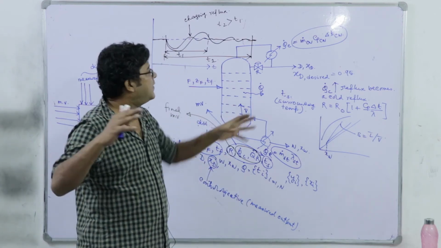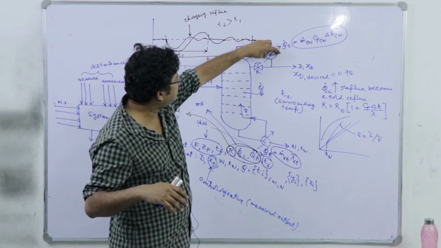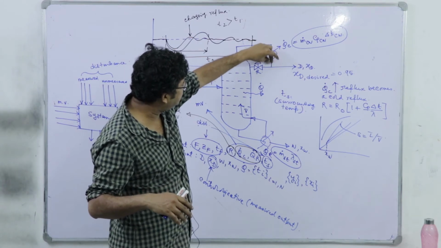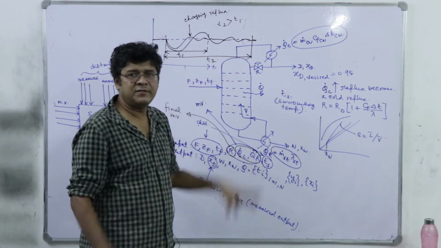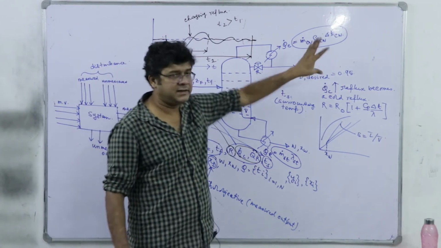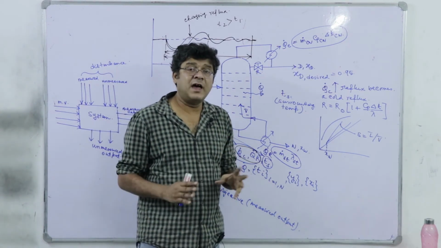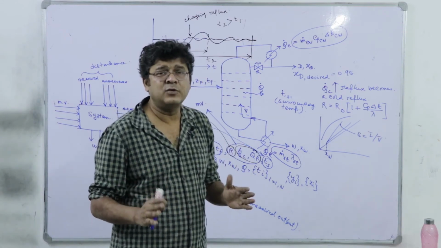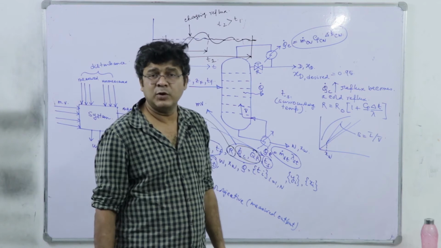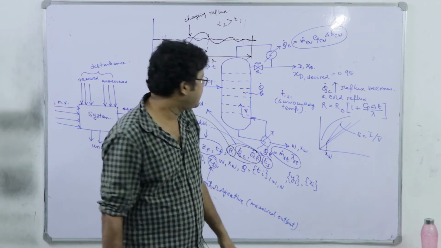and whatever the desired temperature of this condensed distillate, we are not achieving it, and that is going to affect the performance of the column and finally the XD. So if I am unable to keep Q̇C and Q̇R at their design value, they are going to be acting as a potent disturbance, okay.